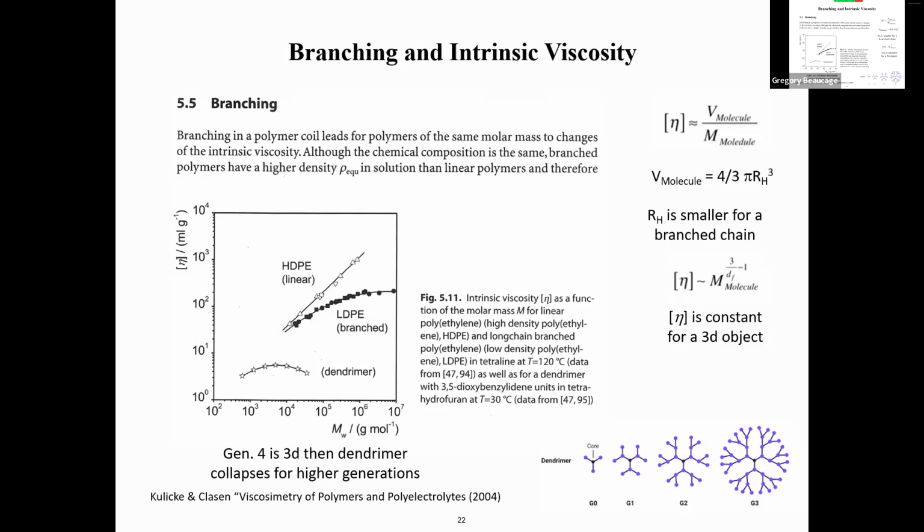So high density polyethylene, that's called a long chain branch. And low density polyethylene, which is the original polyethylene, you take ethylene monomer and put it to 80 megapascal, so 800 atmospheres.